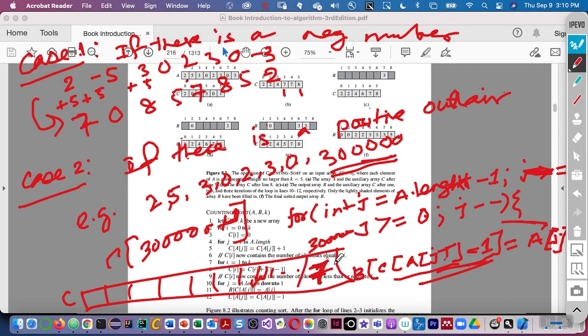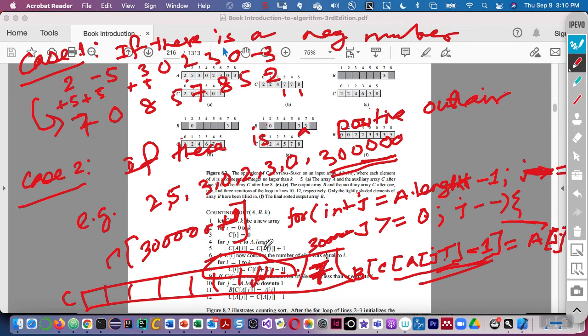So that means this C array will be verbose, right? A very large array. So then what will be the dominant part in this array? In that case, the K loop, the loop from 1 to K, that will be the dominant part, right?